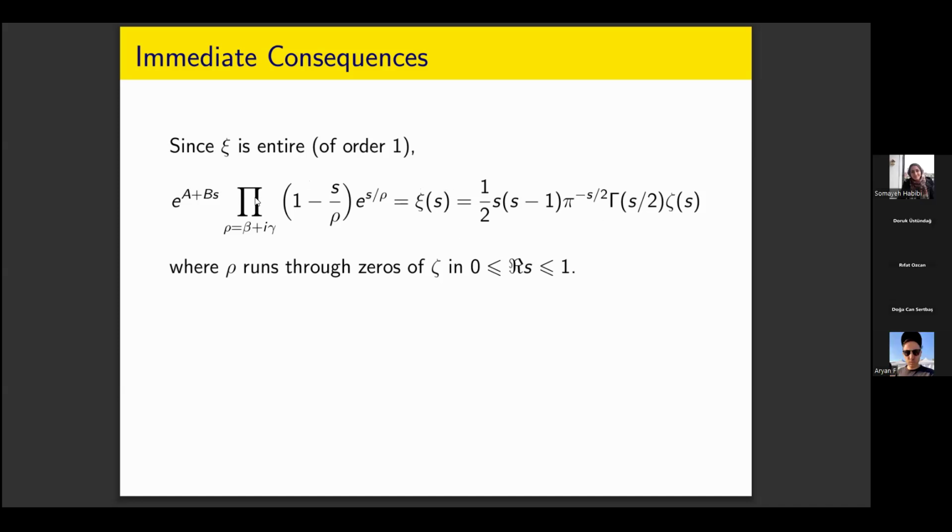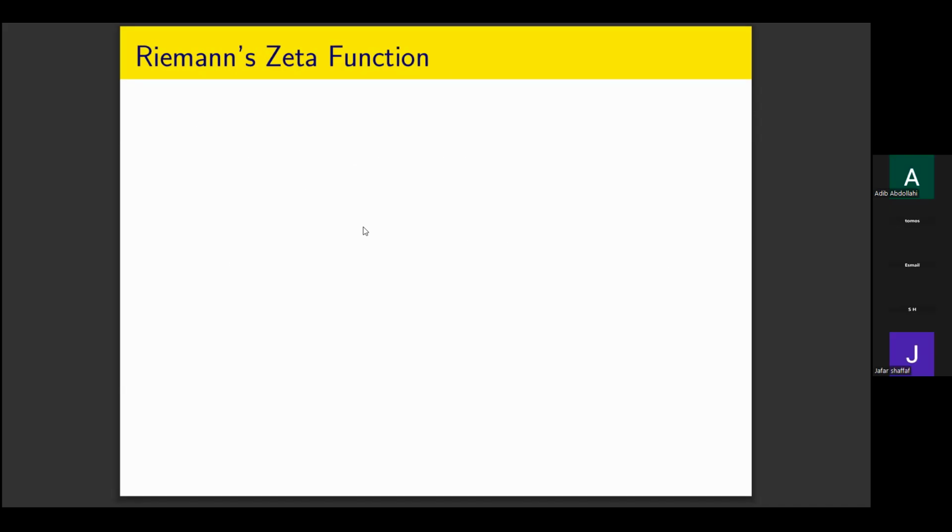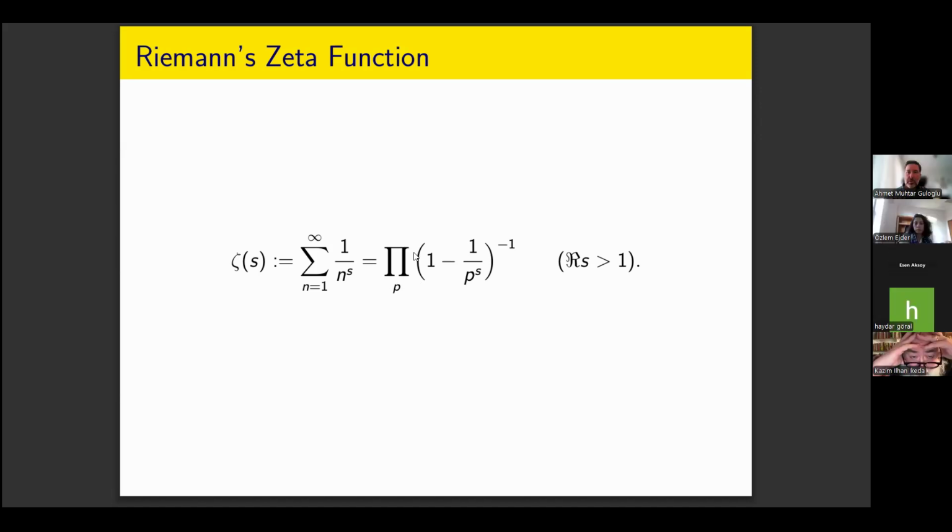So this way, you know that the Riemann zeta function has infinitely many zeros because this function has infinitely many zeros. And to understand where these zeros are located, you go back to the definition of zeta again. You look at this Euler product. Again, from complex analysis, this product is never 0. Therefore, this sum is never 0. Otherwise, you wouldn't be able to show that this is not 0 for complex variables.